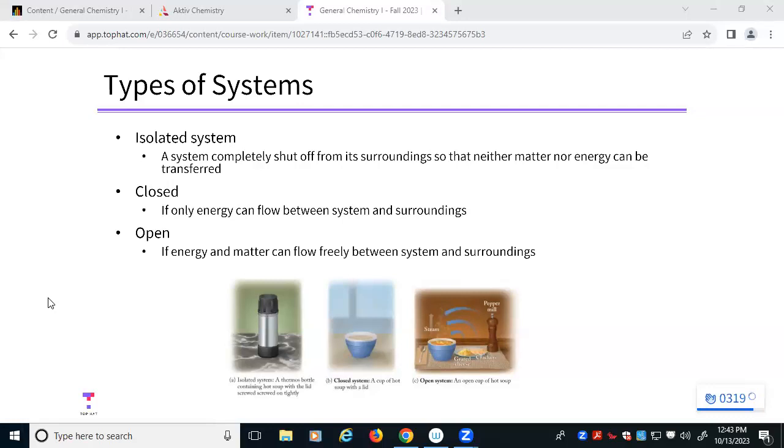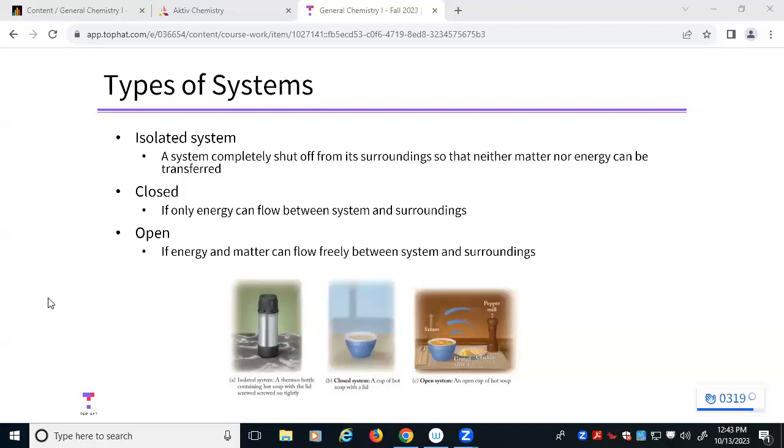An isolated system is the most complex of systems because not only is it a closed system, it is also insulated. So I have a closed system that has sufficient insulation that energy does not easily transfer between system and surroundings either.